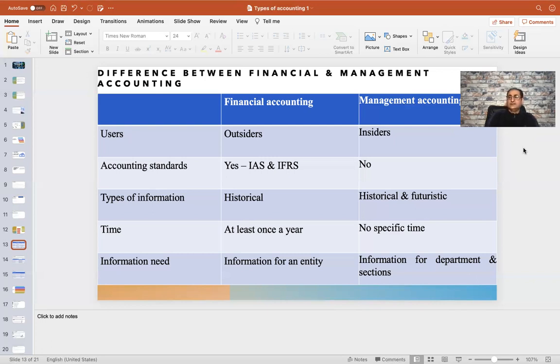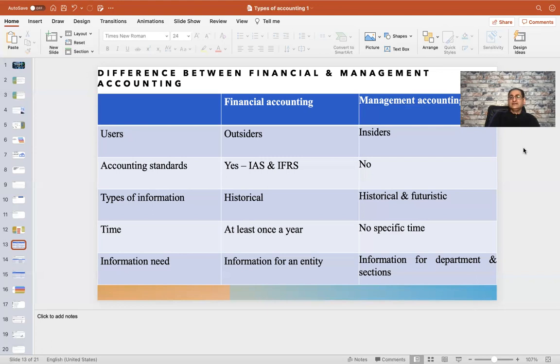Management accounting reports can be prepared for a year, a month, a quarter, a week, a day, or a shift in which a particular manager is working. So there is no specific time period for which these management accounting reports are prepared.